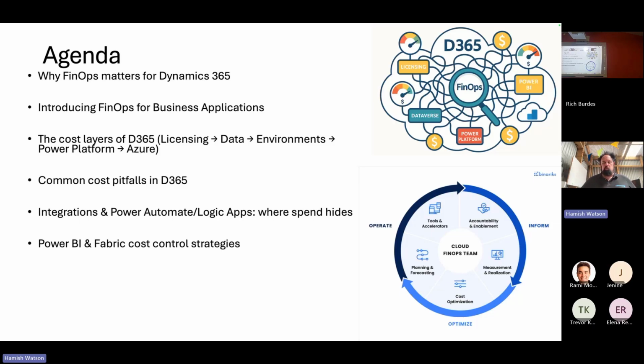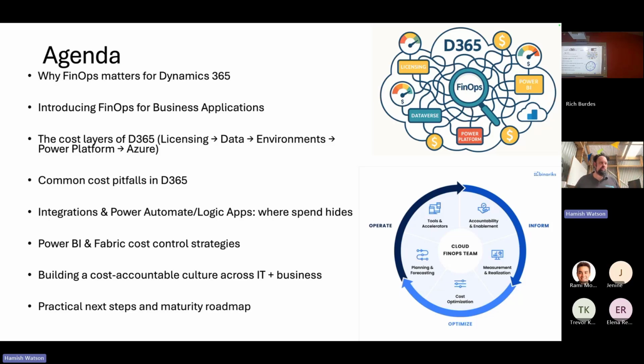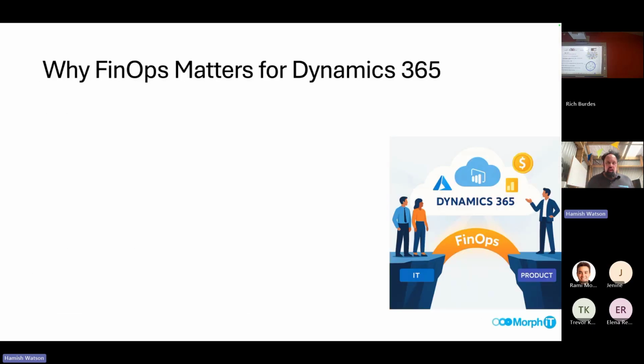If you do Fabric wrong, it's going to cost you a heck of a lot of money. And culture. As a DevOps person, the most fundamental thing in business is culture. It is not technology or tools. People and culture will beat tools anytime if you want to be successful, because what underpins that is process. And of course, some practical next steps.